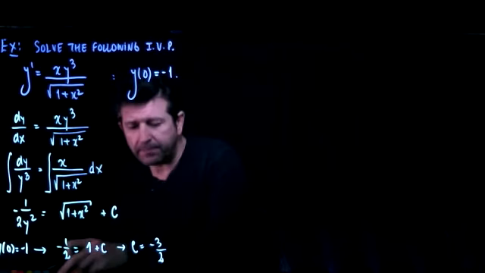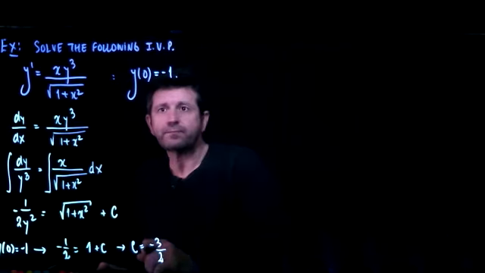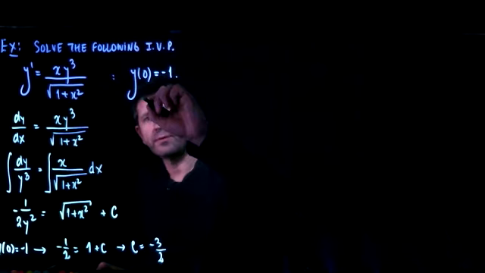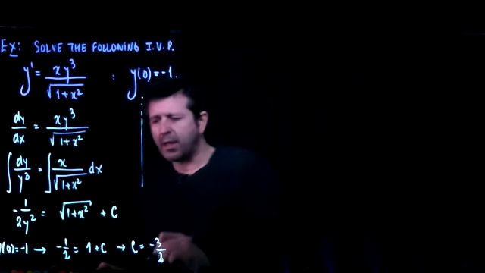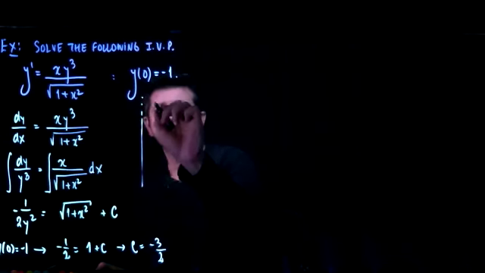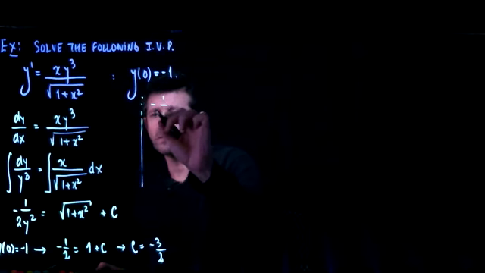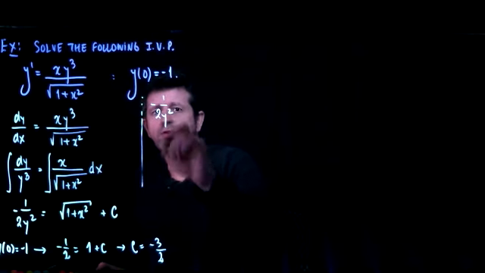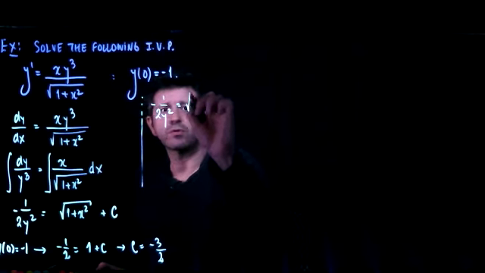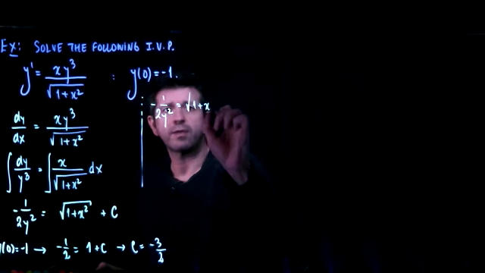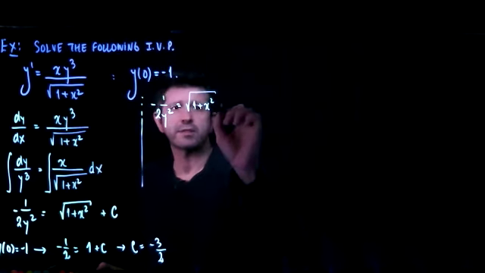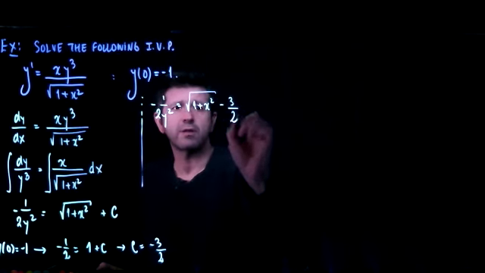Let's continue here. So my particular solution: -1 over 2y^2 equals the square root of 1 plus x^2 plus c, so -3 over 2.